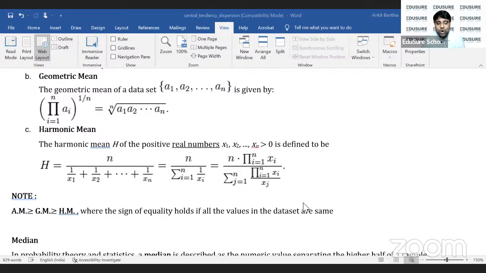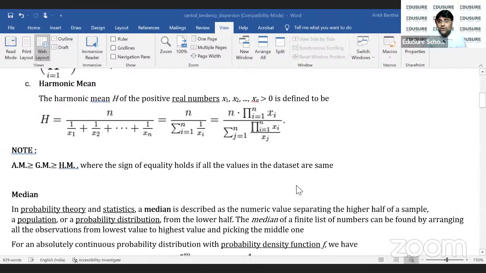For those who have already done the Eco Topper course, you will know this. AM ≥ GM ≥ HM. This relationship will determine so many of your ISI DSE questions. There is no limit to how many ISI DSE questions are solved by this.